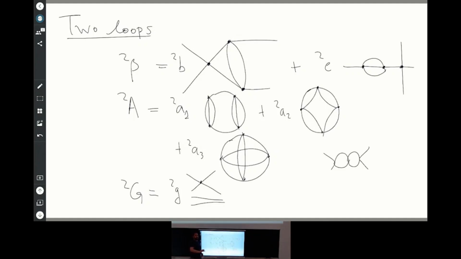And in dimensional regularization in MS bar scheme, such diagrams have 0 coefficient. That's why it didn't appear in the beta function. But I'm not throwing that equation away. I will need to keep it to satisfy such an equation still. But for now, I'm solving this equation in MS bar scheme for the beta function.